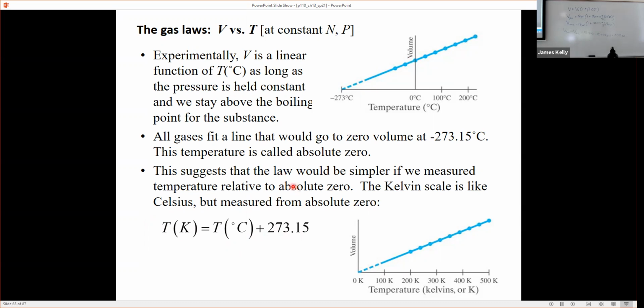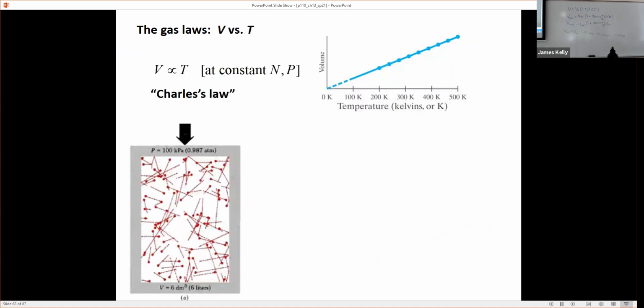Okay, and the motivation is, look, now the volume as a function of temperature doesn't have any y-intercept. So it's just saying the volume is simply proportional to the temperature. Okay, that's our rule. And that's called Charles's law in the history of developing these gas laws. Again, totally experimentally determined. But that also helps us get our SI unit for temperature.